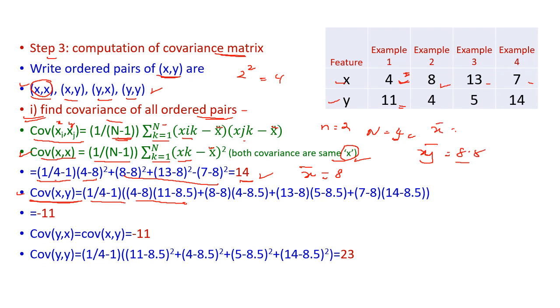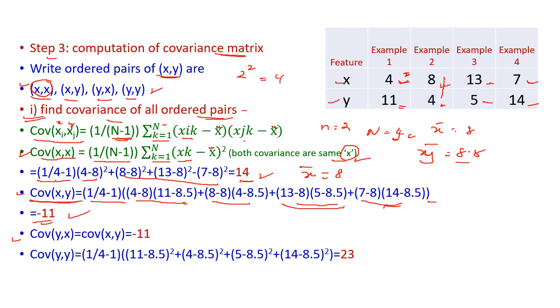So x bar value is 8 and y bar value is 8.5. Plus 8 minus 8 into 4 minus 8.5, and the third one, 13 minus 8 into 5 minus 8.5, and the last one, 7 minus 8 into 14 minus 8.5. So the value is minus 11.